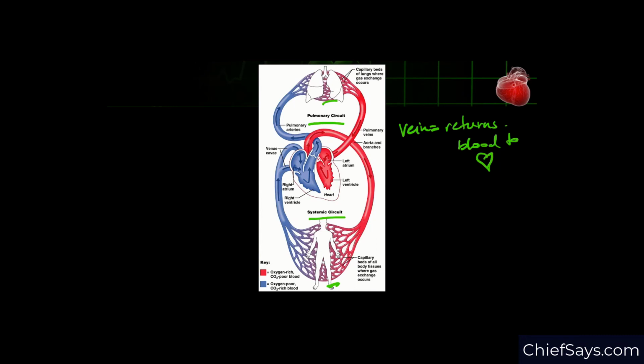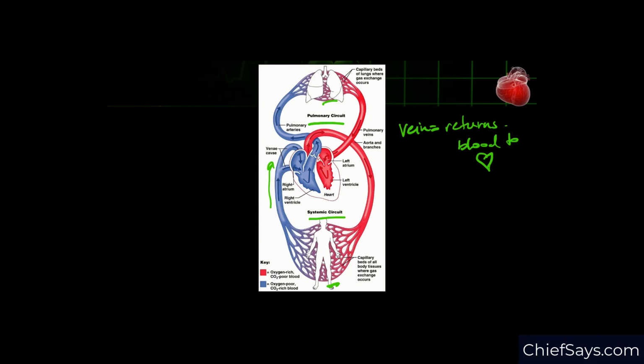Whether it's deoxygenated or oxygenated, veins return blood to the heart. So is that true in the systemic circuit? It is. The vena cava is the culmination of all of those veins now dumping into the right atria so that it can go through circulation and reoxygenate. It's deoxygenated there, but that's not what the constant of a vein is.